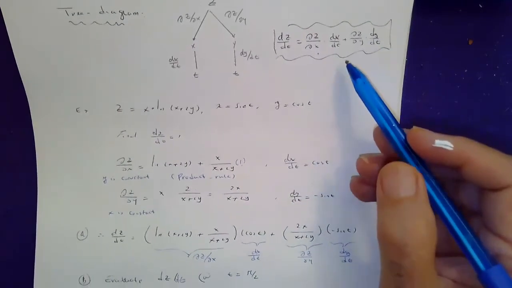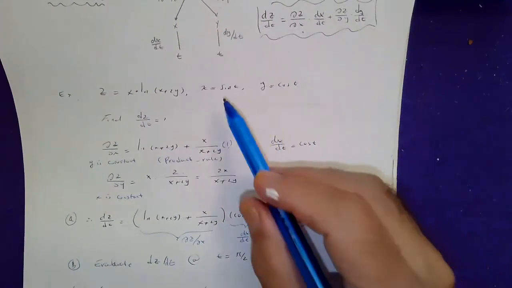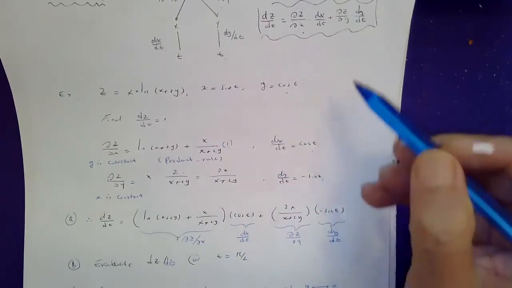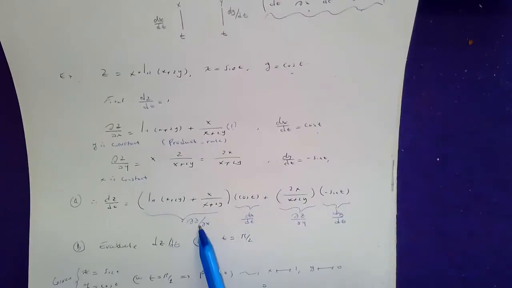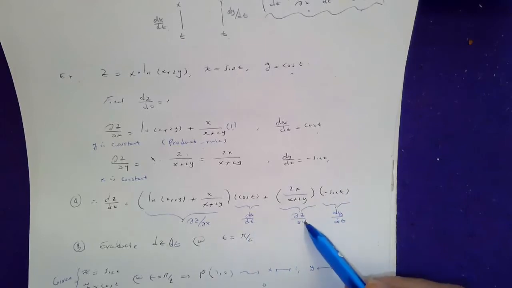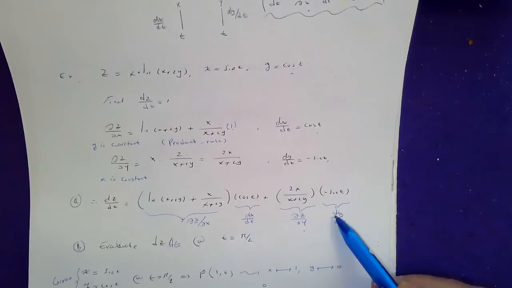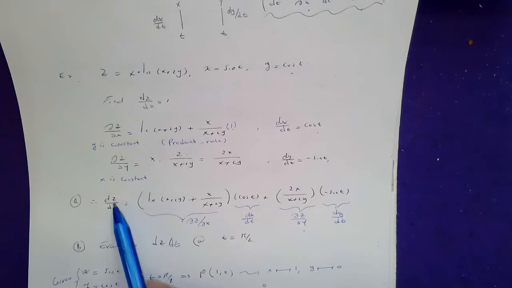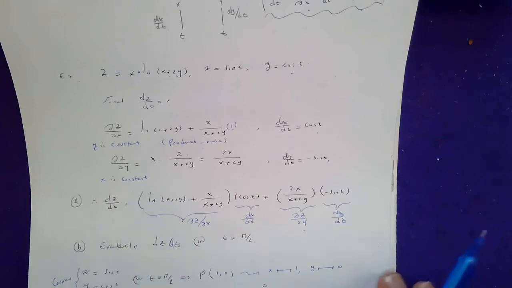Then I follow this formula. Notice dx/dt is cosine of t, dy/dt is minus sine of t. If you follow the formula, this is the partial derivative of z with respect to x times dx/dt, plus the partial derivative of z with respect to y times dy/dt. So that's the answer. That's the total derivative of z with respect to t.